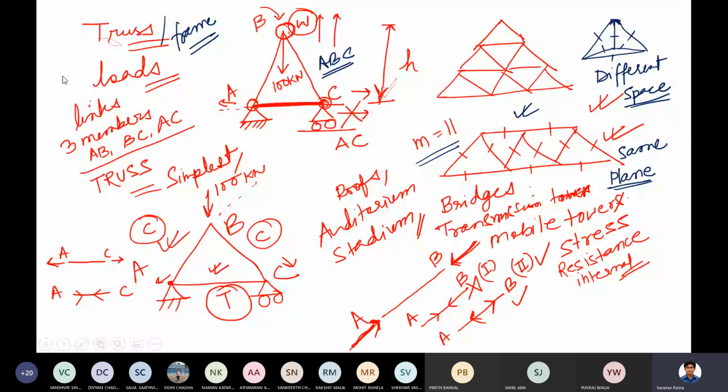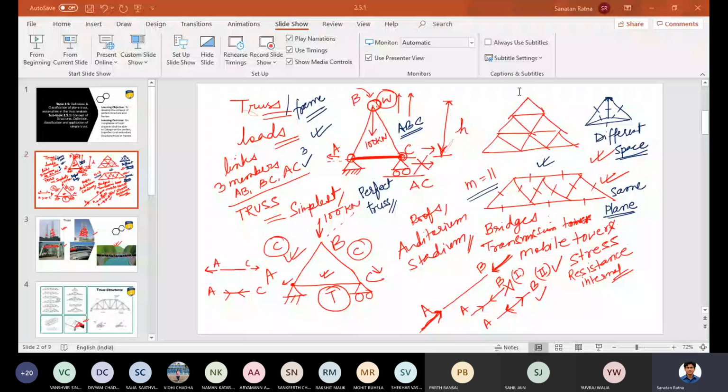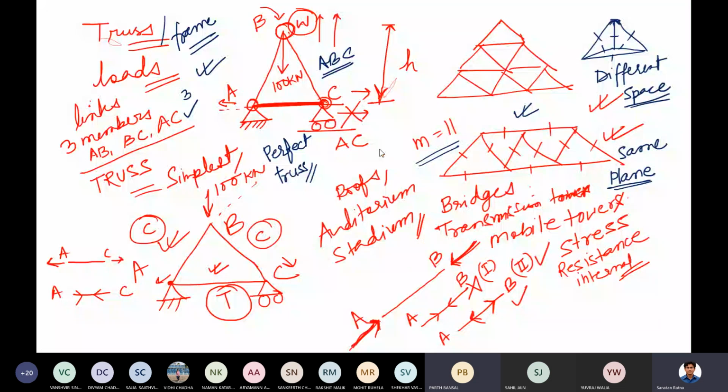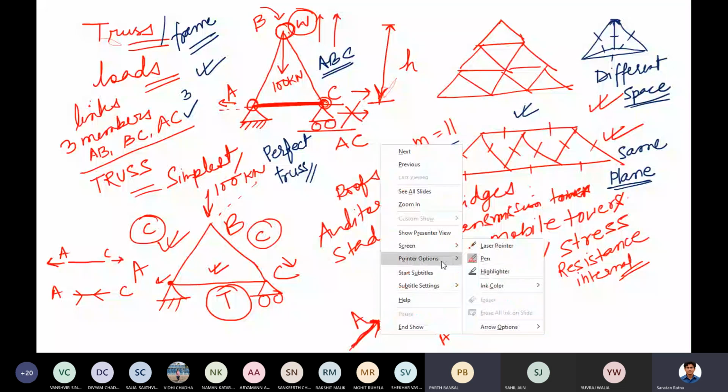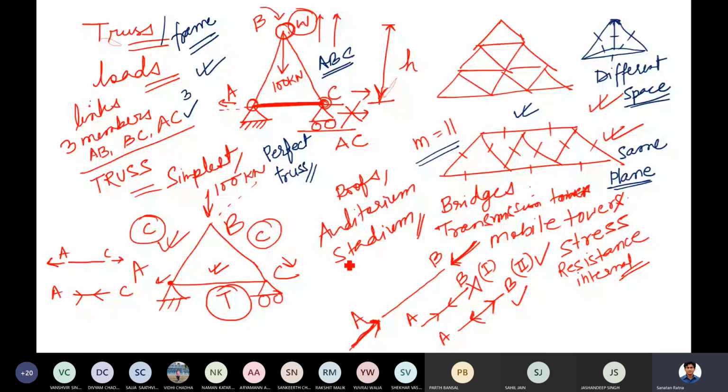This slide is visible? Sir, the Maxwell truss equation slide is visible?